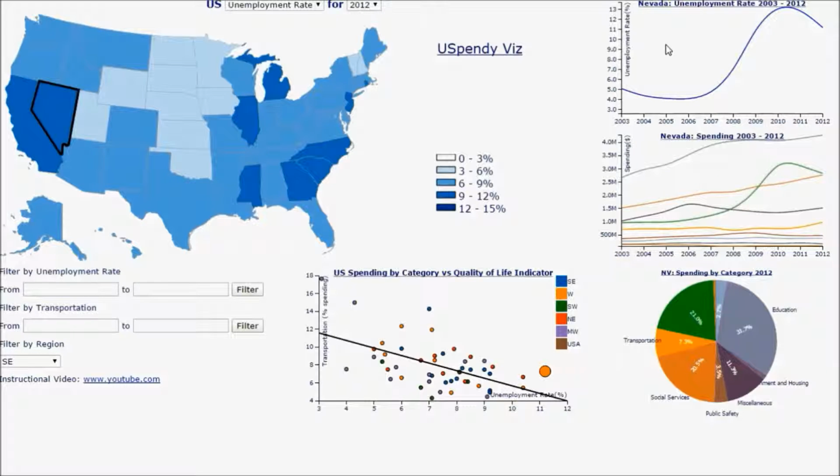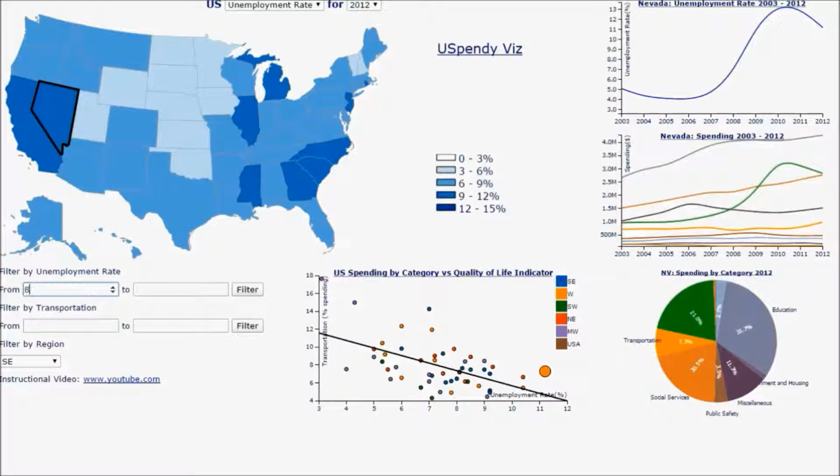Taking a look at the unemployment rate chart, we see that the unemployment rate had a huge spike in around 2009, which makes sense as that was a time that the country was in recession. We also see that there seems to be a corresponding spike in spending on insurance. This spike in insurance spending is most likely the result of an increased spending in unemployment insurance by the state of Nevada. So there are several different things we can do with this visualization.